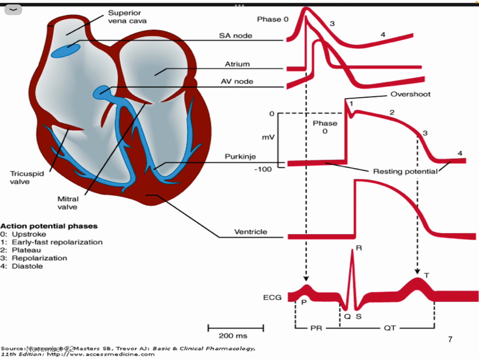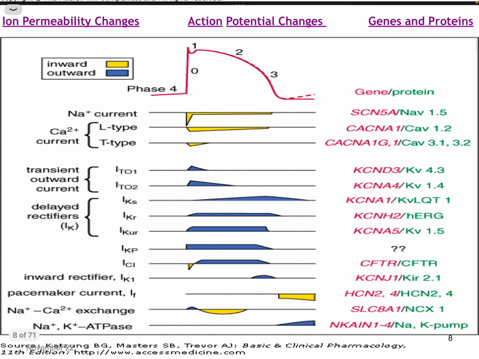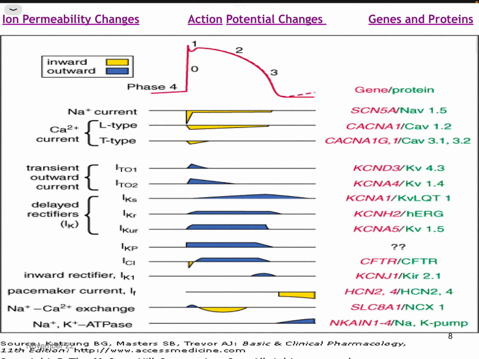So what happens during an action potential? We have entry and exit of ions. So some ions enter the cardiac cells, an inward current, and some of them exit. So here in this slide, it's showing us what are the different ions that are involved, ion channels that are involved in the cardiac cycle. So we have sodium, we have calcium, and then we have potassium.